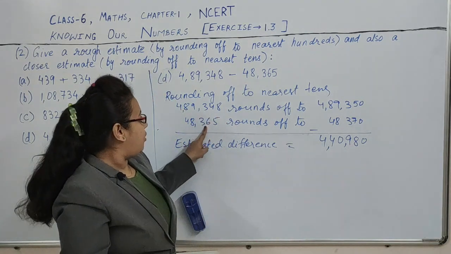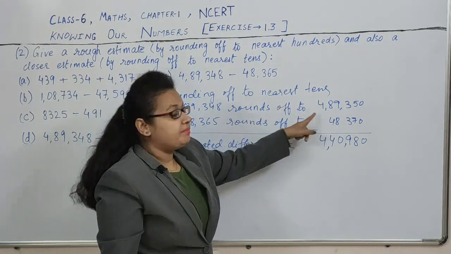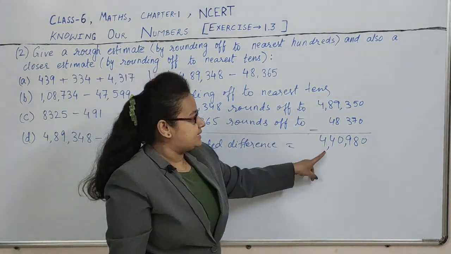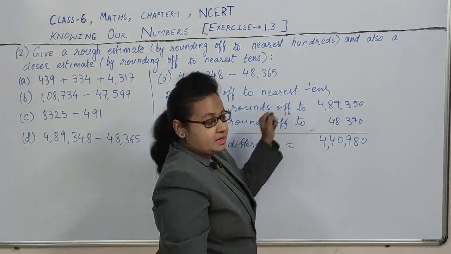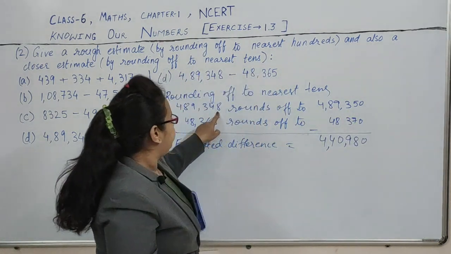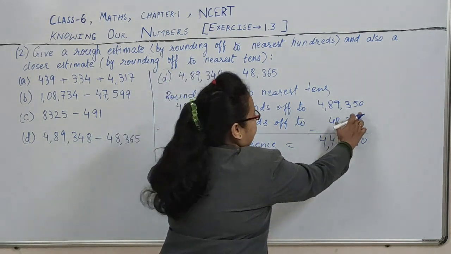When these two numbers are rounded off to the nearest tens, this becomes this and this becomes this, and then we have estimated the difference. See, when we are rounding off the number to the nearest tens, the ones digit becomes 0. Here the ones digit was 8. When we rounded off this number to the nearest tens, the ones digit becomes 0.